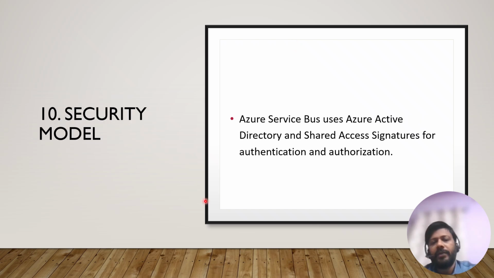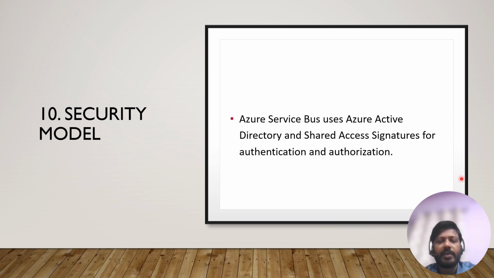Okay, the security model, we need to understand this. Azure Service Bus uses Azure Active Directory and shared access signatures for authentication and authorization. Azure AD provides role-based access control for enterprise-grade security. Shared access policies offer token-based access for applications.